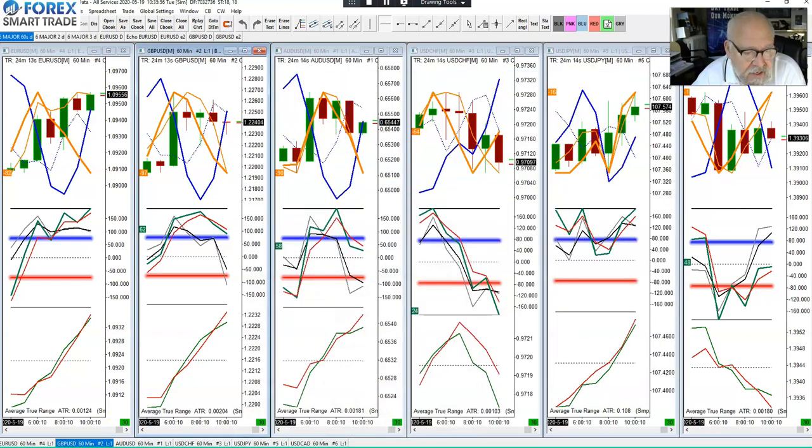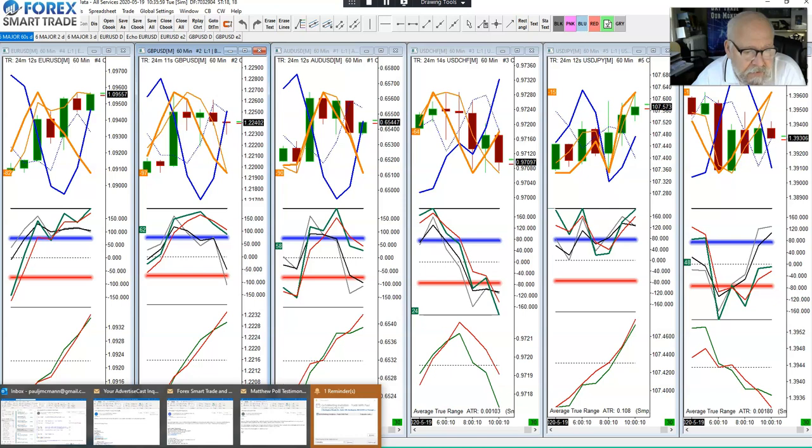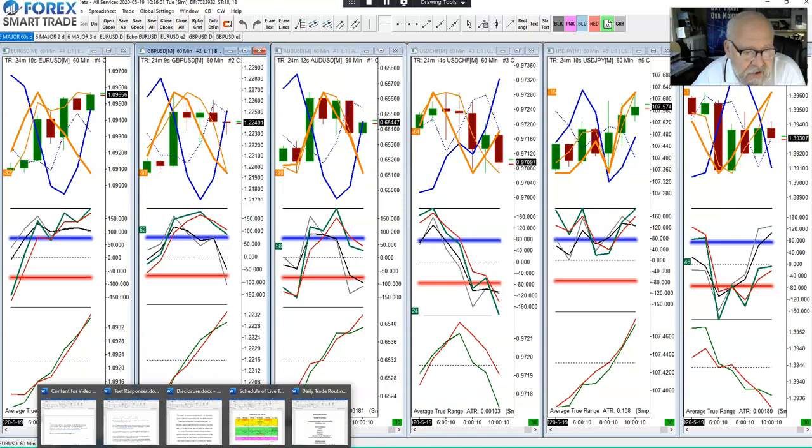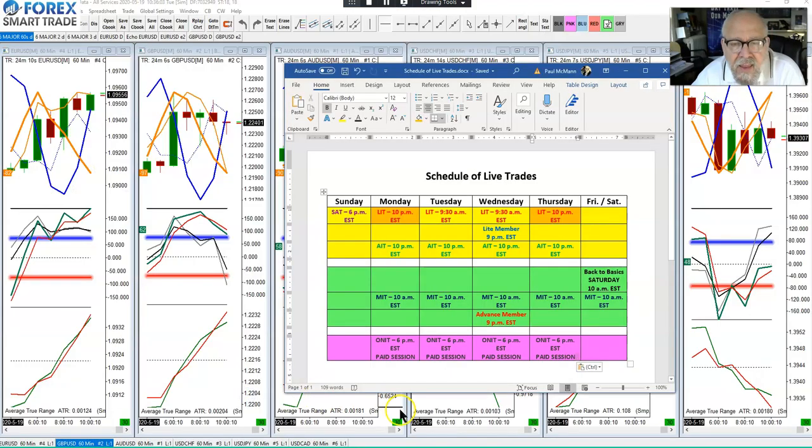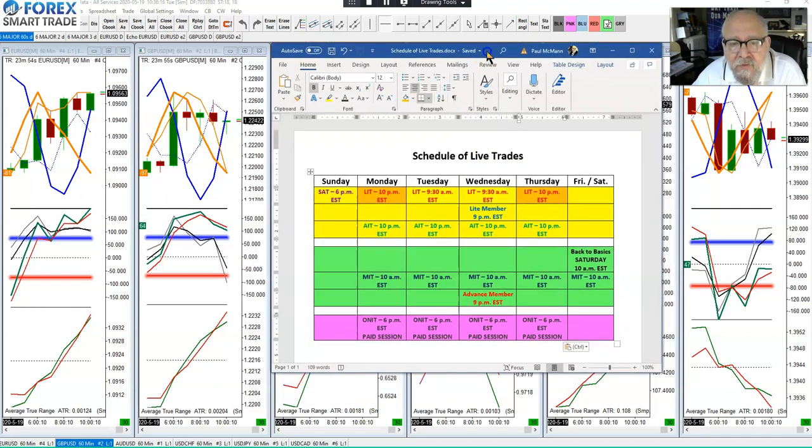One last piece of information is, in addition to this live trade, if you're not attending, you should try to attend as many of the live trades that the company puts on as possible. Here is a schedule of those live trades.